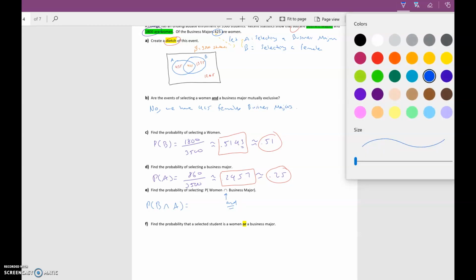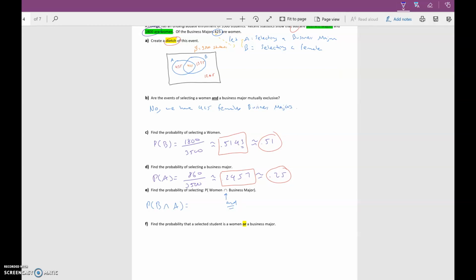So your intersection is only going to occur on the 425. So 425 out of the 3500, which is going to give us approximately 0.1214. Approximately 0.12.